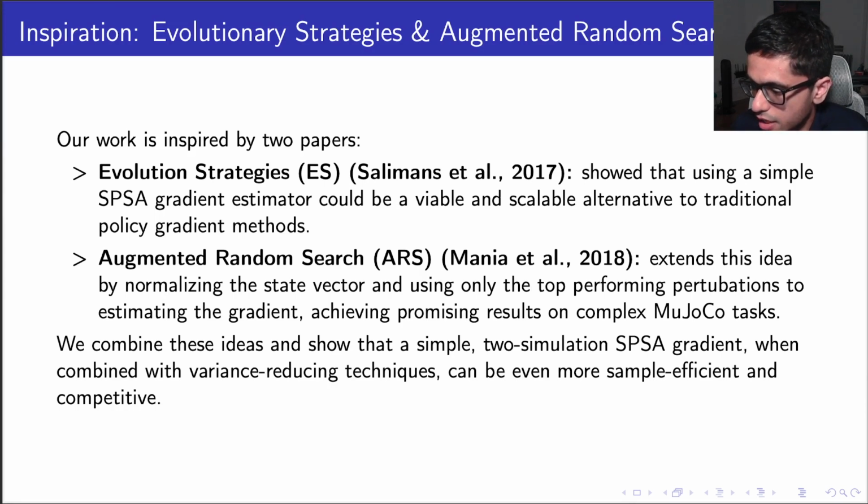ARS extends this idea by normalizing the state vectors and, more crucially, using only the top performing perturbations while estimating the gradient, and it promises good results on the MuJoCo tasks. We combine these ideas and we show that a simple two simulation SPSA gradient, when combined with variance reducing techniques, can be even more sample efficient and competitive.